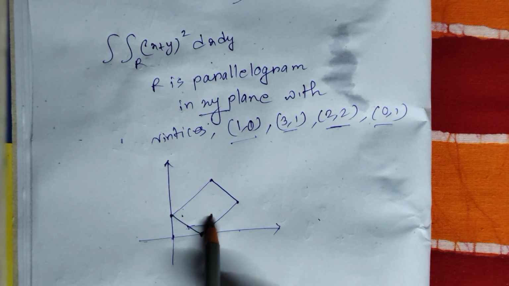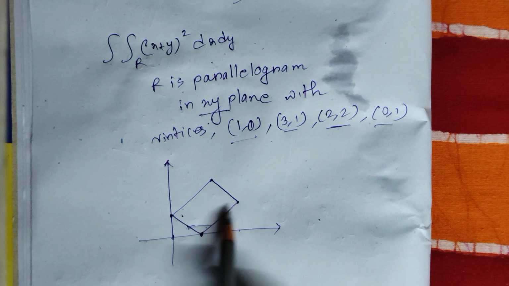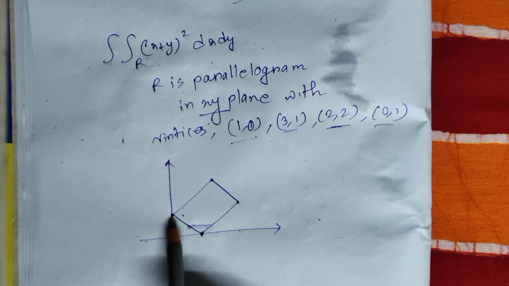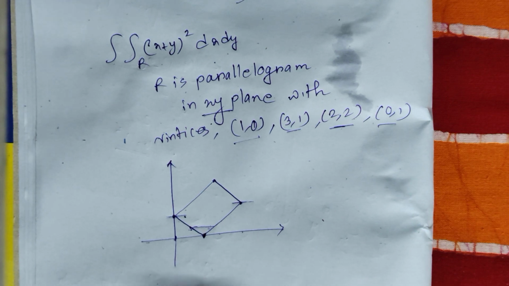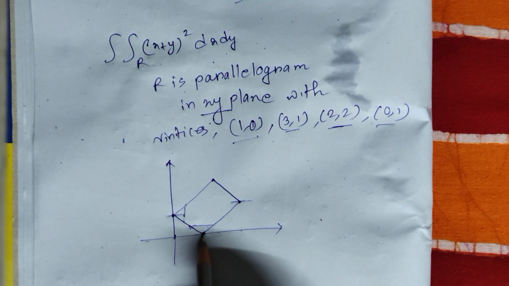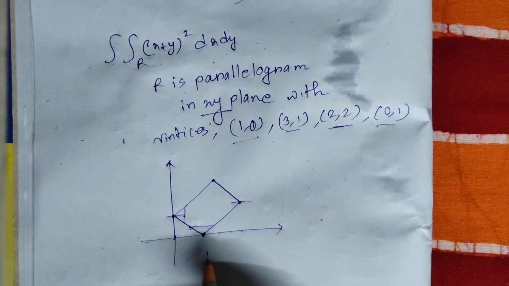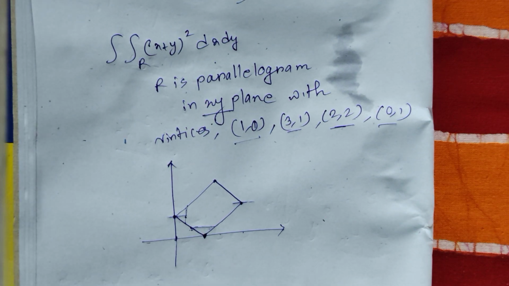There will be two breaking points because there are two corners. And if we are talking about a vertical strip, again there will be two corners. That's why the vertical strip will be broken into three portions, so it is very complicated.